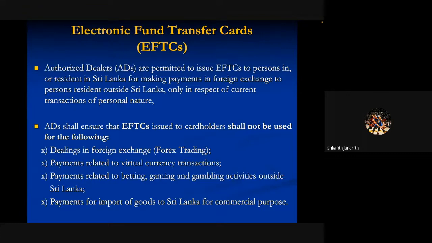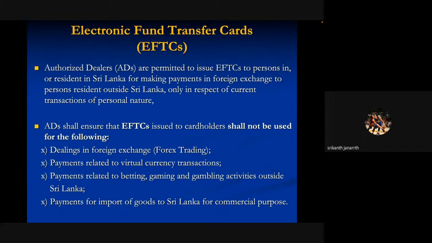The credit card or the debit card should not be used for dealing in foreign exchange. Forex trading, buying and selling foreign exchange, you can't do. You can't do virtual currency. That means cryptocurrency, virtual currency, digital currency, right? You know that, right? You can't do that by utilizing your credit card.